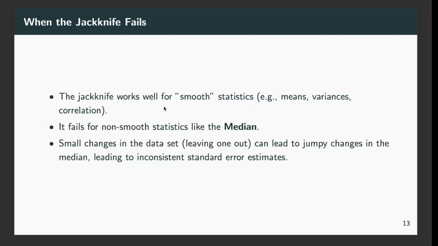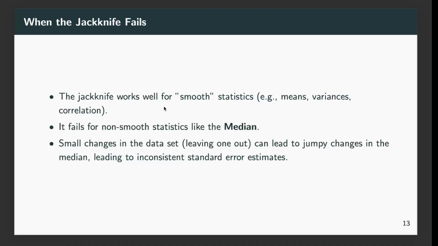The second point is that it fails for non-smooth statistics like the median. A median is a classic example of a non-smooth statistic. Let's say we have a data set of odd size n, and the median is the middle value when the data is sorted from lowest to highest.